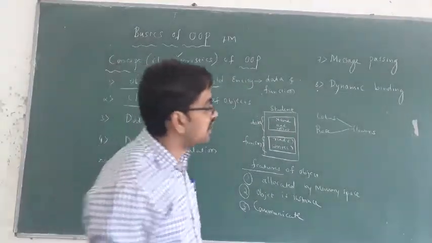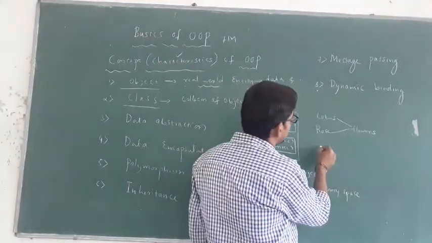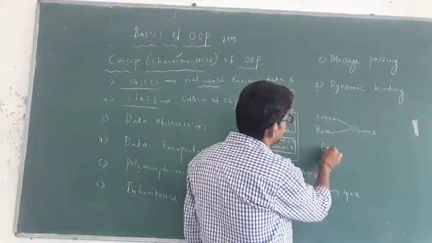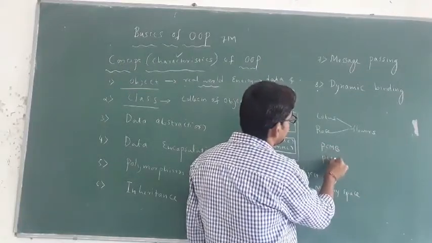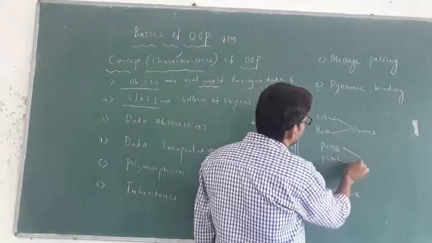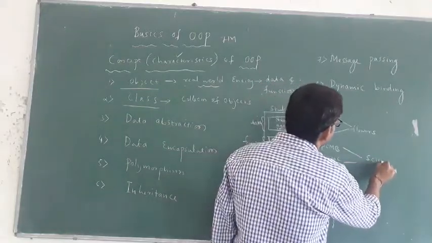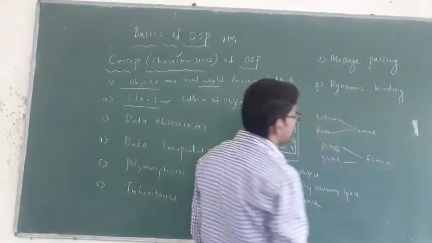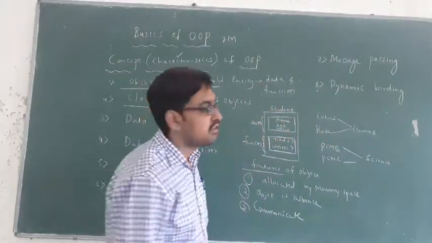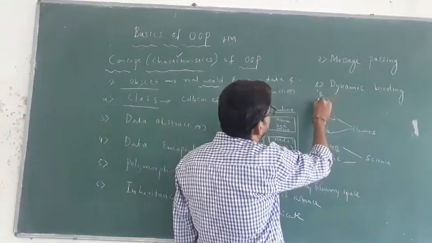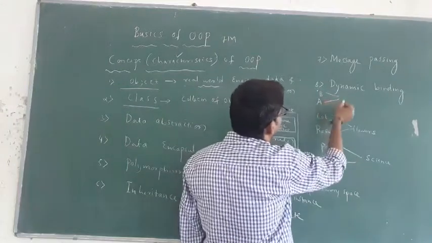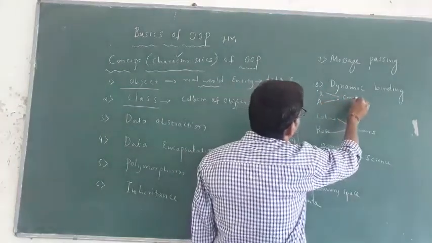Okay, for example I am writing PCMB, PCMC. These are the objects of class science. Then I am writing business studies and accountancy.